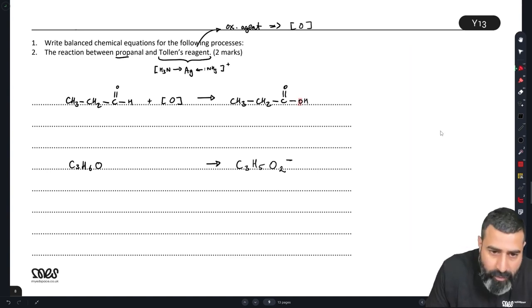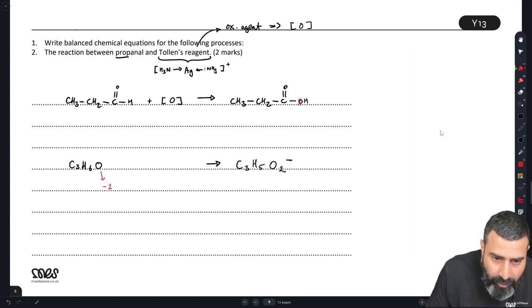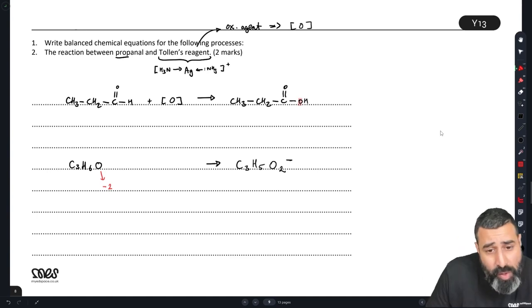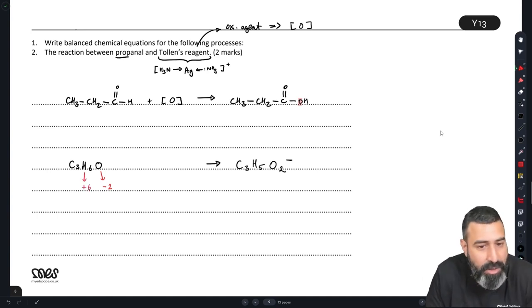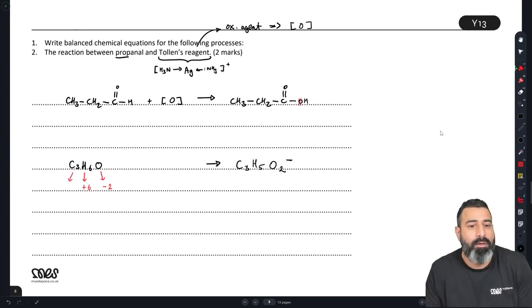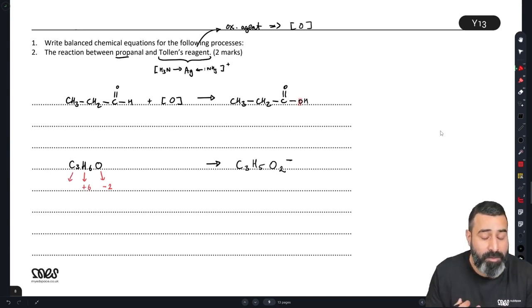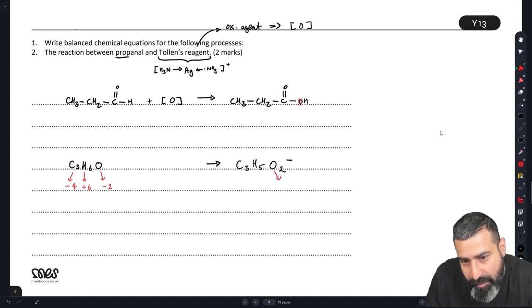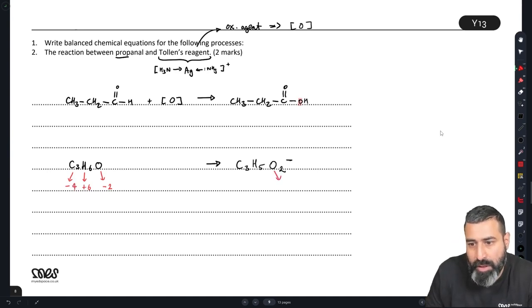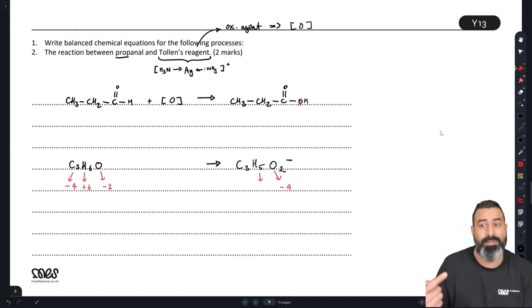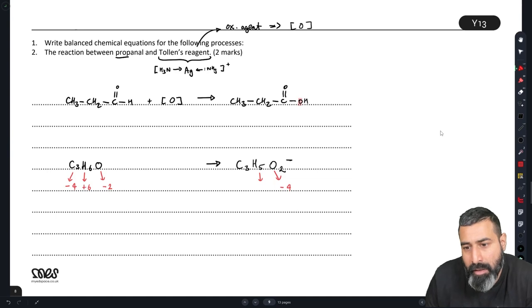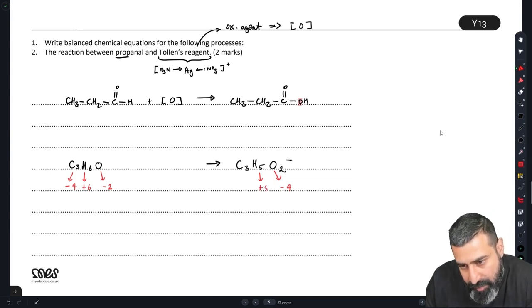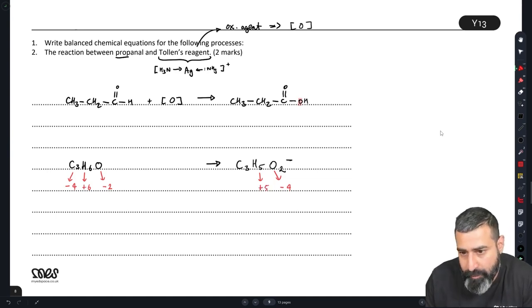So on the left hand side, we know that oxygen is -2, and we know that hydrogen is +1, and there are 6 of them, so we've got a total of 6 negative charges. So we can say that the carbons have a fractional charge, but they add up to a total charge of -4. Then we do the same thing on the other side. 2 lots of oxygen is going to be -4 in total. Remember, the oxidation state is actually -2 twice, so -4. The hydrogens give us a total positive charge of +5, each one being +1.